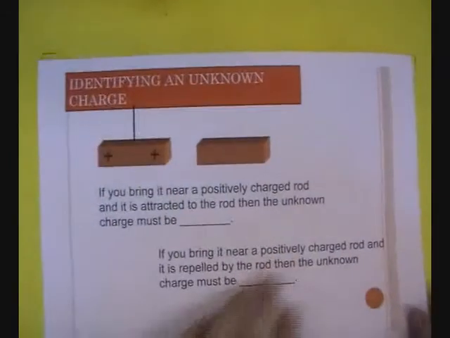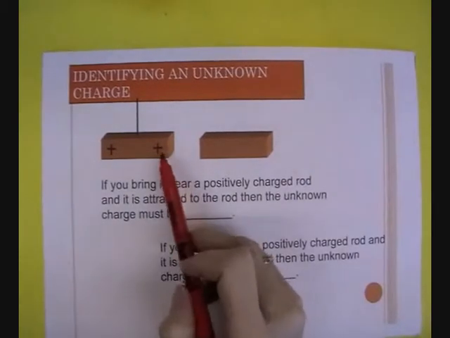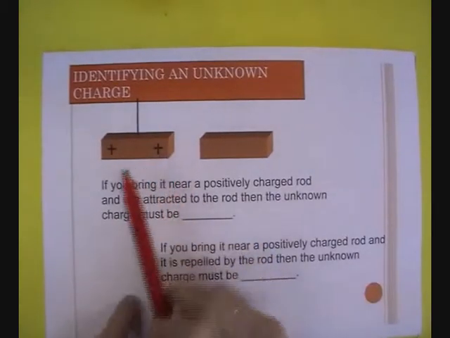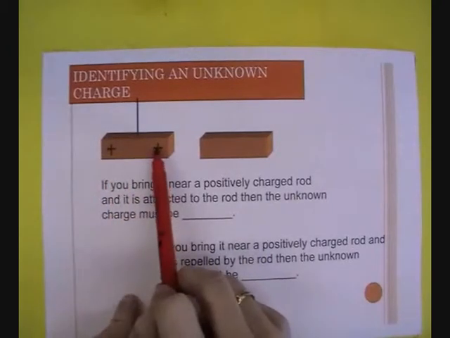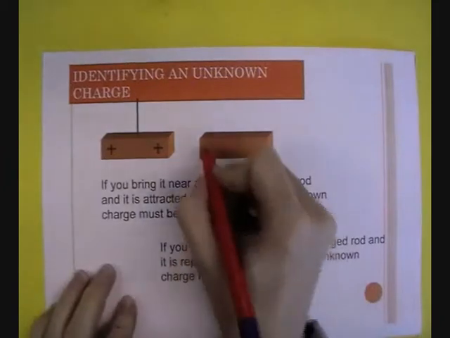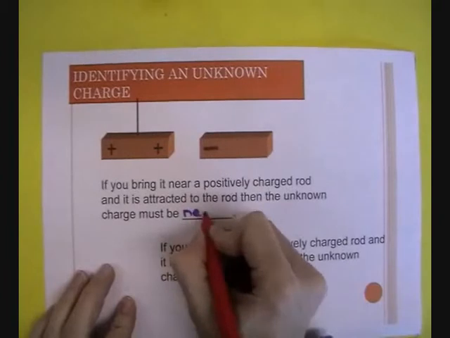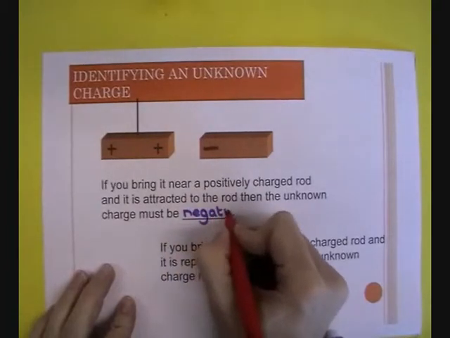If you don't know the type of charge, but you have another charged object which you do know the kind of charge, if you bring a positively charged rod near another rod and they are attracted, then the unknown rod has to be negative. It must be negative because, as you know, unlike charges attract.